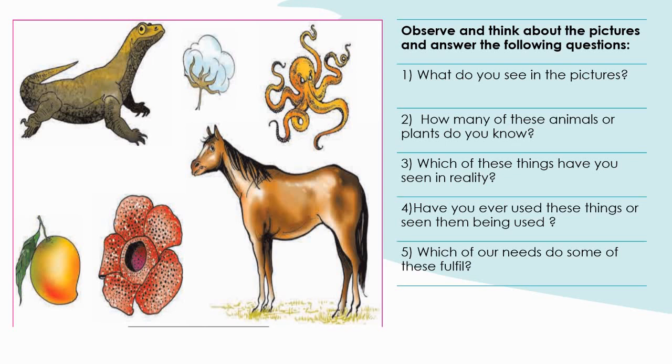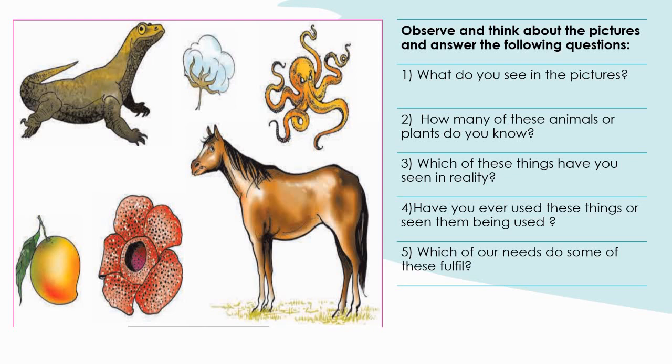Third, which of these things have you seen in reality? Fourth, have you ever used these things or seen them being used? Fifth, which of our needs do some of these fulfill?